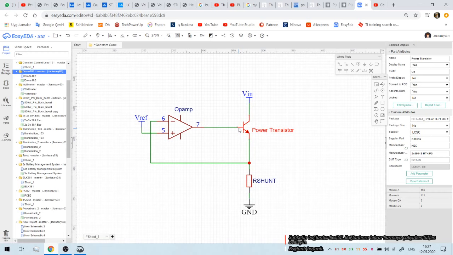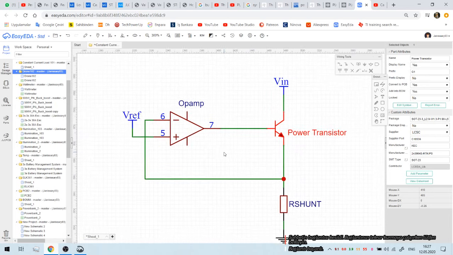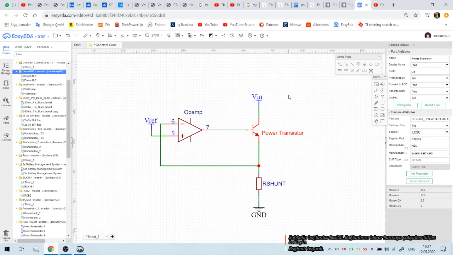Also a P channel MOSFET or PNP BJT, you can do it like this, but I don't prefer this. As you can see here, assume V in equals, I will open this again.